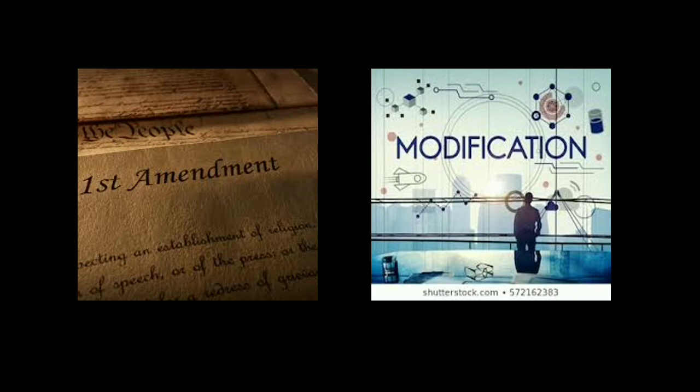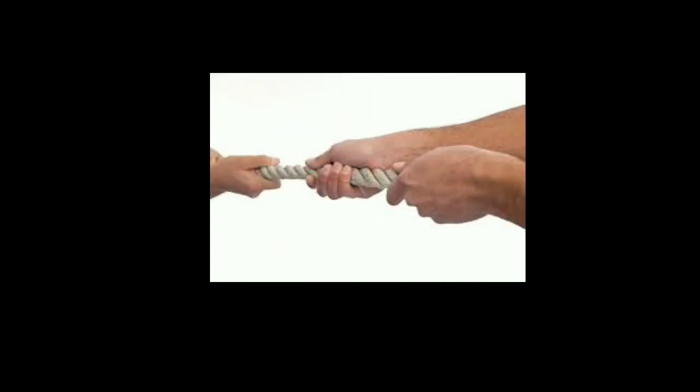Next, in order to prevent conflict between the center and the regional units, that is the states, independent judiciaries have been set up to deal with disputes. Any kind of problem that arises in the center or the state is dealt with by the judiciary in order to settle the disputes.